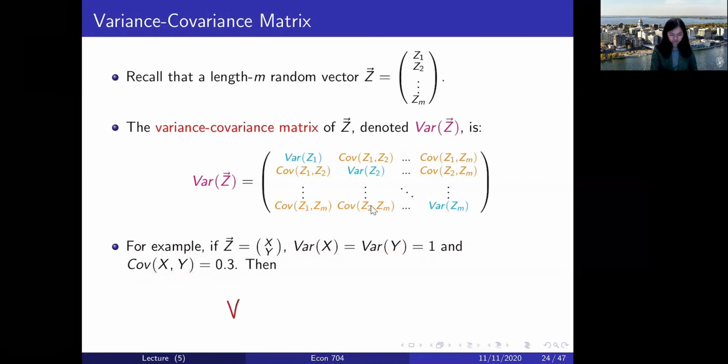Then the variance covariance matrix of the random vector will be 1, 1 on the diagonal, and on the off diagonal, you write the covariance. So that is an example of the variance covariance matrix of a random vector.